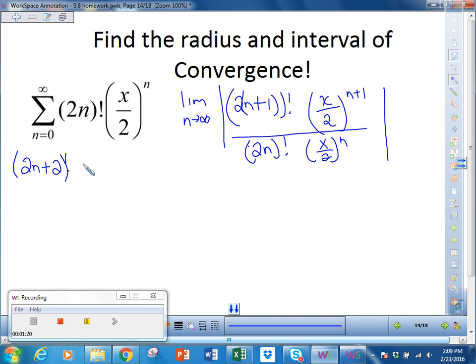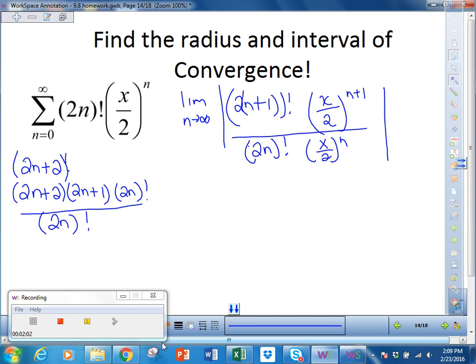It may come to that. I don't know. Let me see what we get. So we got (2n + 2) factorial. If I were to write this out, I would get 2n plus 2, then 2n plus 1, and then 2n factorial. Does that make sense? So that's going to be this over 2n factorial.